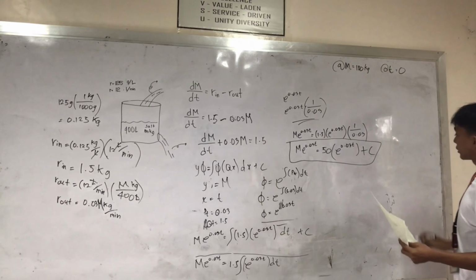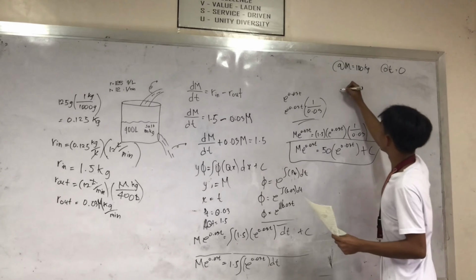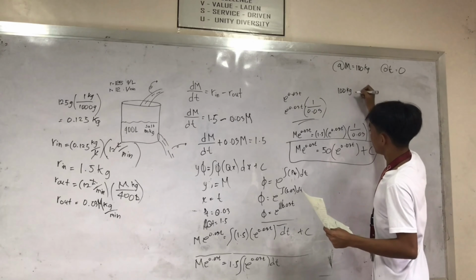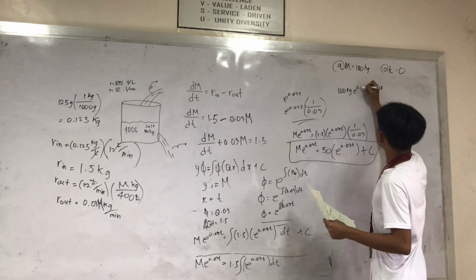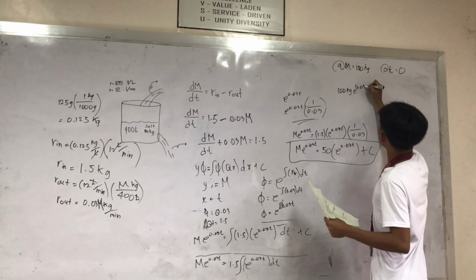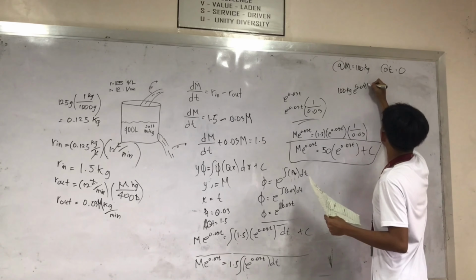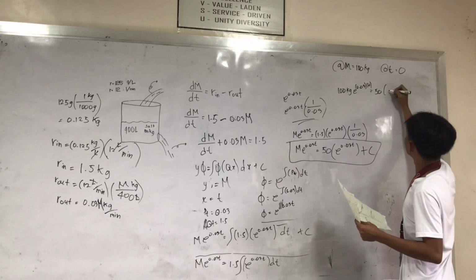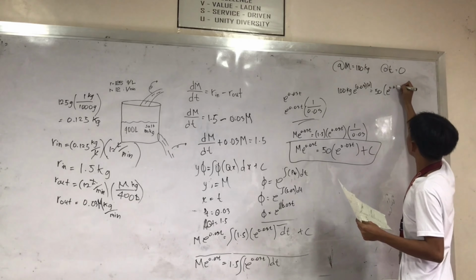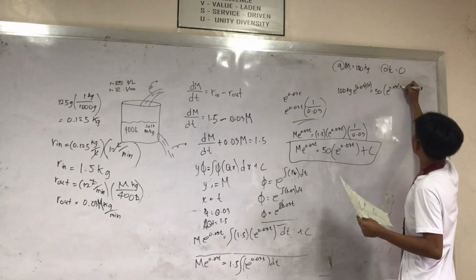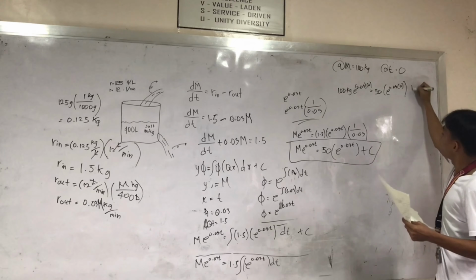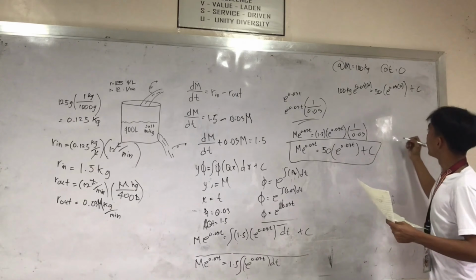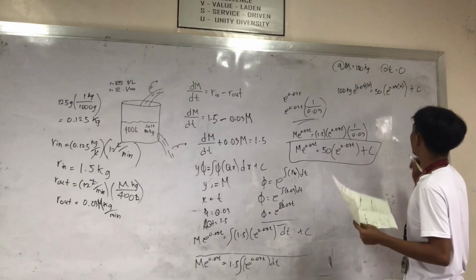Substitute the given values in the equation. M is equals to 100 kg times e raised to 0.03 times 0 is equals to 50 times e raised to 0.03 times 0 plus c. Now we will solve it to get the c or the constant.